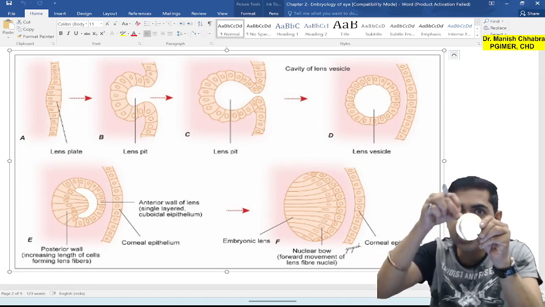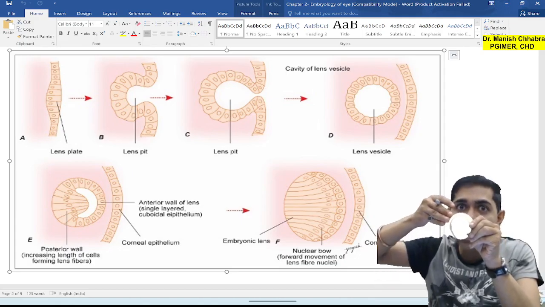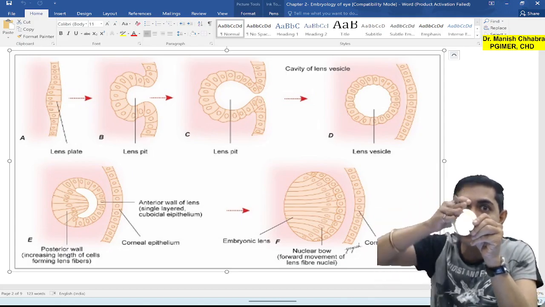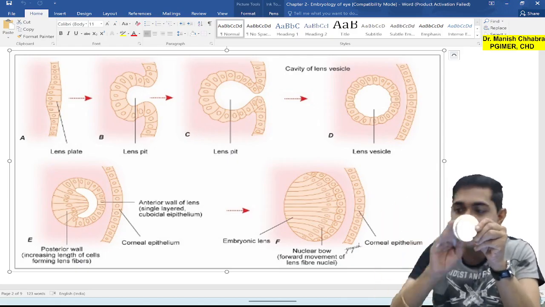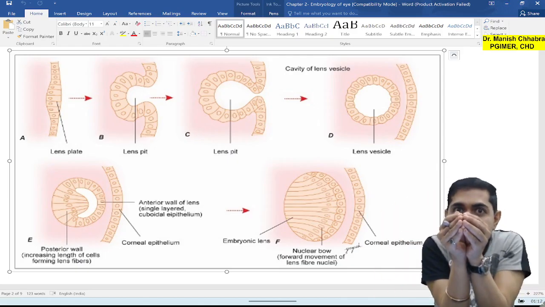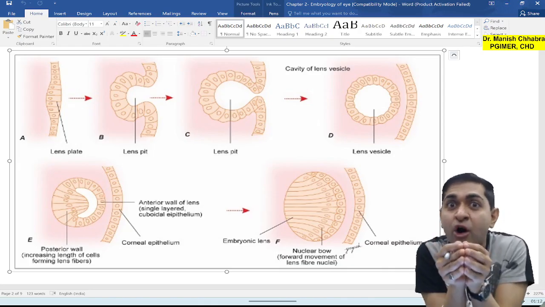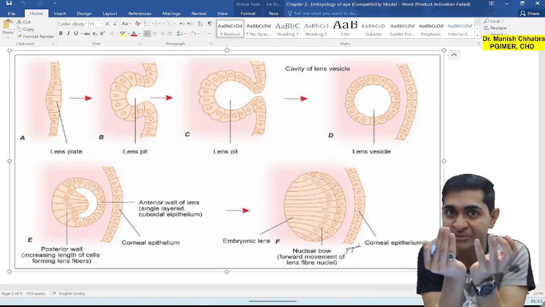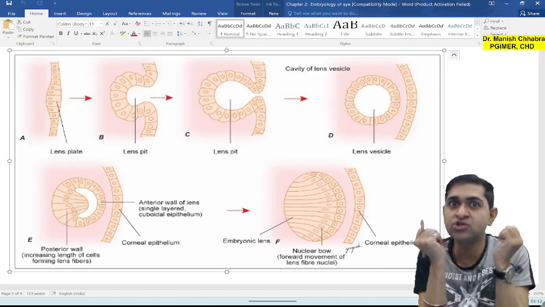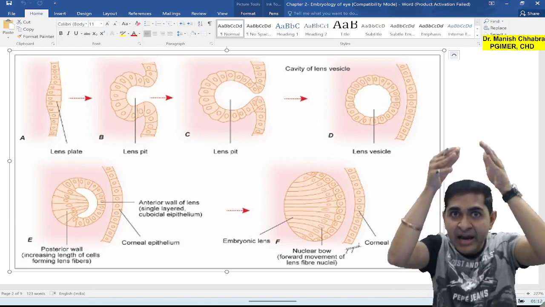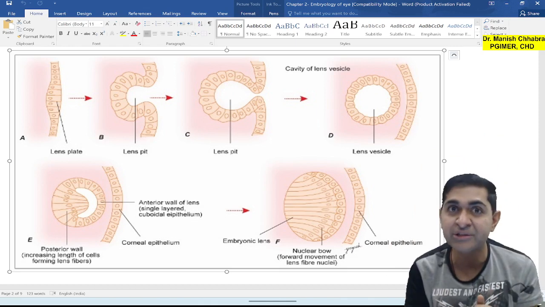The cells at the equator start forming fibers anteriorly as well as posteriorly, such that the central embryonic nucleus, which was initially formed, gets detached from its surrounding region, and there is concentric formation of more and more fibers.